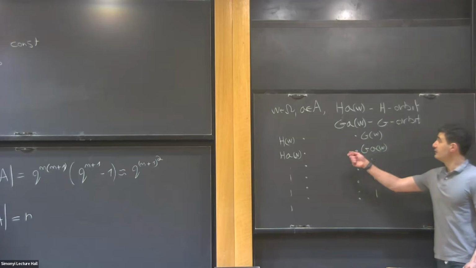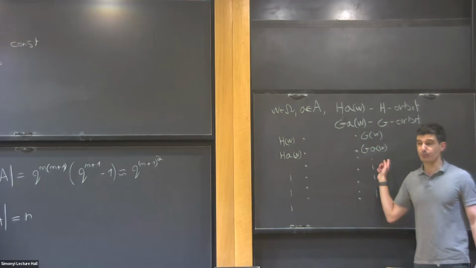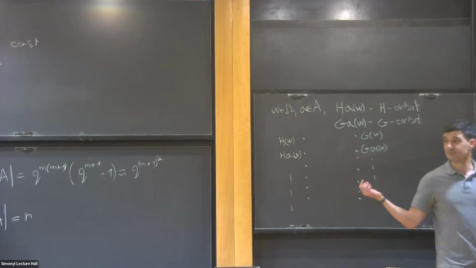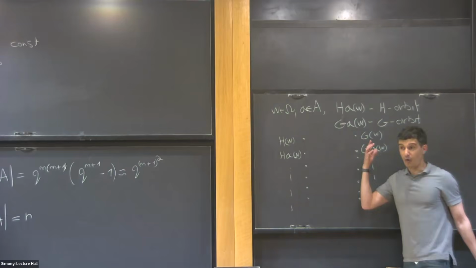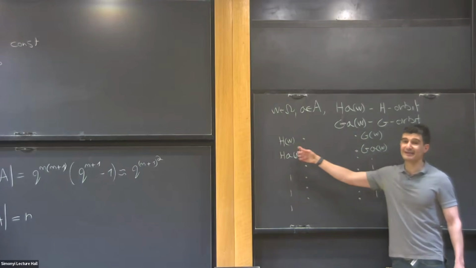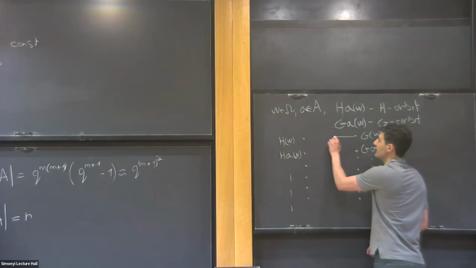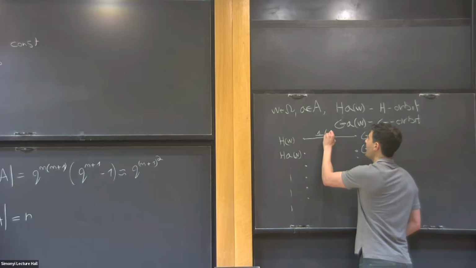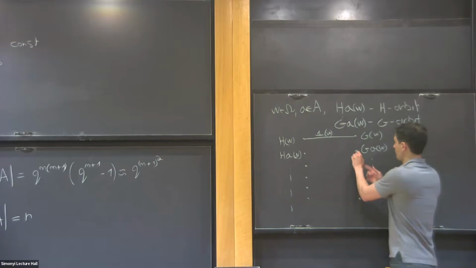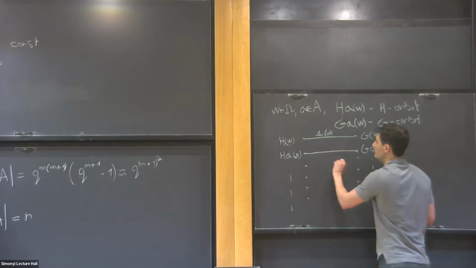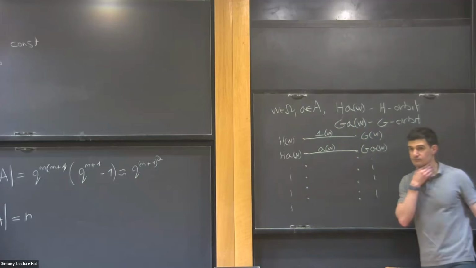Now basically for each element in omega, I connect the two orbits that contain that element. So these two orbits contain the element omega, because they both have the identity element. G and H have the identity element. So they both contain the element 1 acting on the element omega. Now, also these two orbits contain the element A acting on omega.